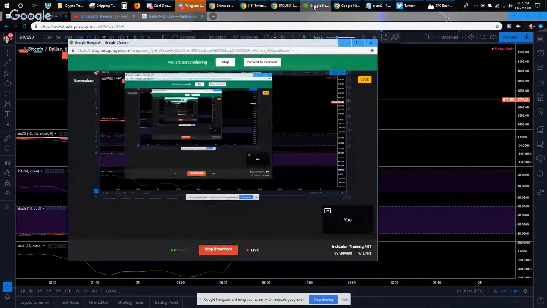So that generally covers the MACD. Let me make sure on my notes that I've covered all that I wanted to cover. Yeah, that should generally cover it on the MACD and the RSI, and the momentum indicator and stochastic.